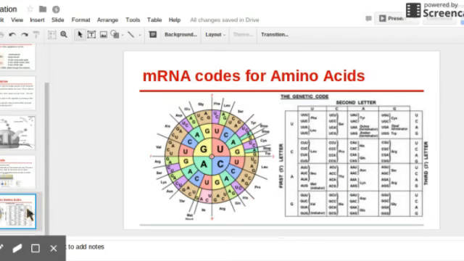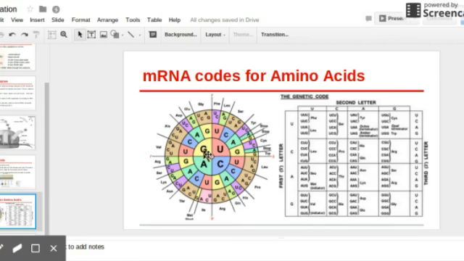This slide shows 2 different schemes for figuring out the amino acid that's coded for within an mRNA codon. So for instance, if our codon on the mRNA is G, C, A, what we do is start at the center.